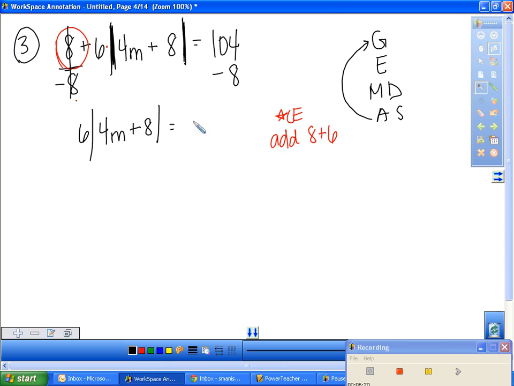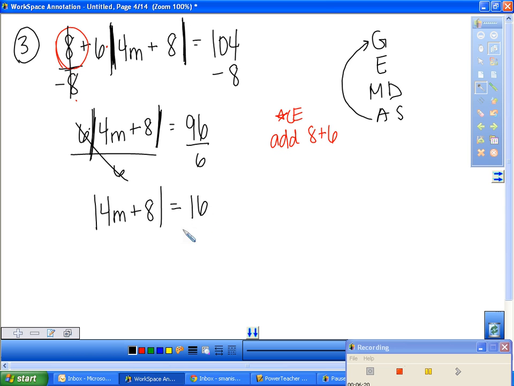And 104 minus 8 is 96. And now I need to isolate my people in jail. So I need to get rid of this guard. How do I undo this guard? Well, I undo multiplication with division. And now I have my jail all by itself. 96 divided by 6 is 16.